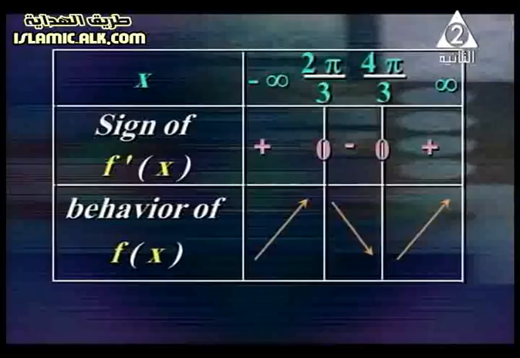The behavior of the function is decreasing in the second interval from 2π over 3 to 4π over 3. Why? Because the sign of f dash x is negative. The last interval from 4π over 3 to infinity: the sign of f dash is positive, then the function is increasing.